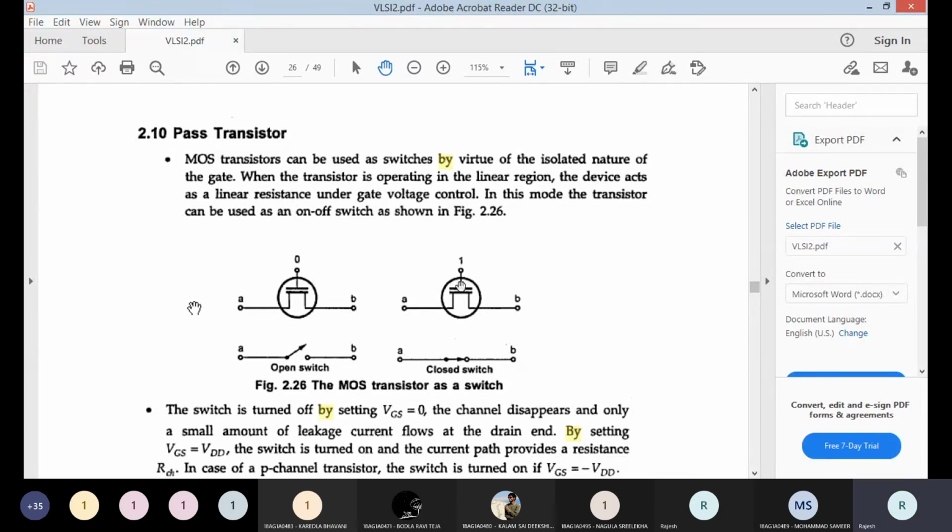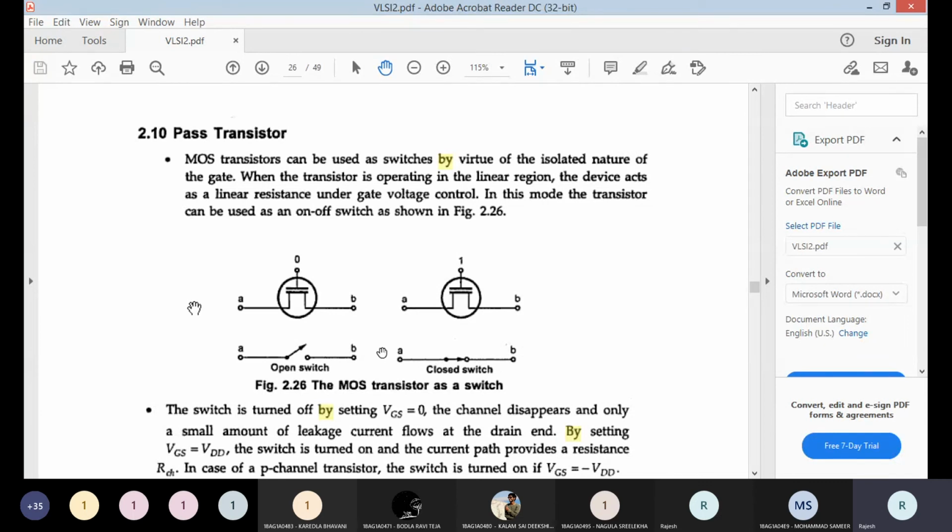Try to understand this. V out here is B, V in is A. When I apply logic 1, the switch is closed. What is VB, what is the output? It is nothing but the input. For logic 0, you apply logic 0 at the input, you get output at logic 0.